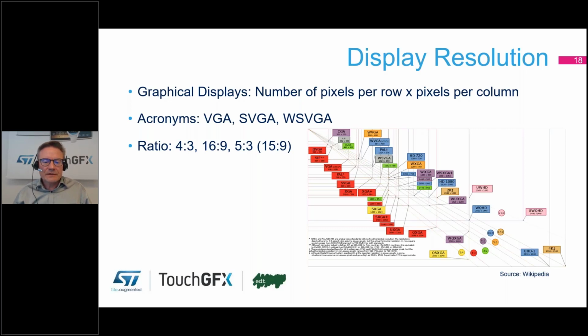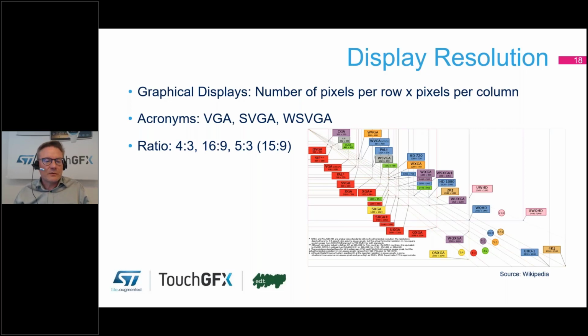So it's really hard to define a standard, but we can define, like, 3.5 inch with a quarter VGA resolution. I don't know if you are able to read the chart here. You can Google that. A quarter VGA actually means 320 times 240 pixels if it is in landscape mode, and if it is a portrait display, then it will be defined as 240 times 320.